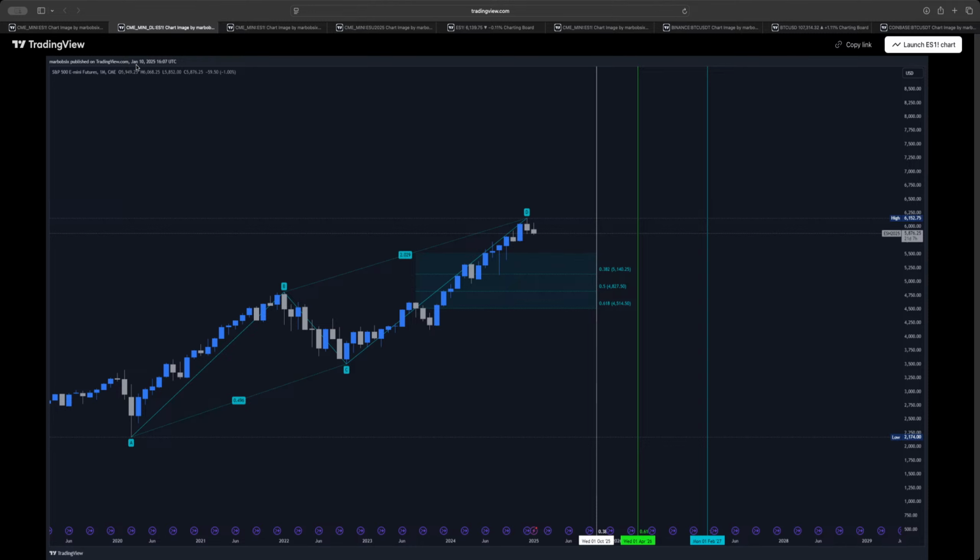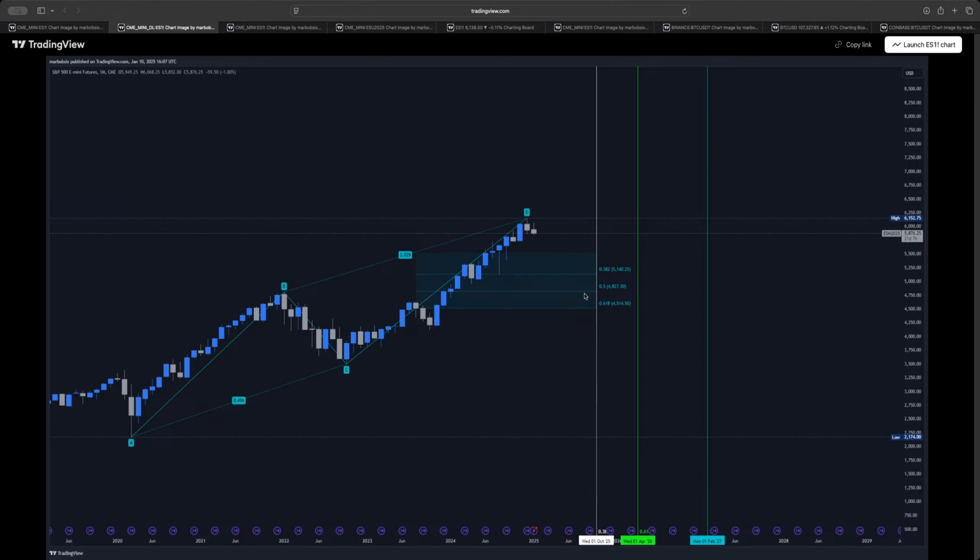Okay, this one was from January 10th of 2025, where the correction I was projecting was within the common areas of retracement, the 0.382, the 0.50, and the 0.618, okay, within the range. The 50% correction is often the Dow theory, where the price action often corrects a 50% decline and then resumes the upward trend.